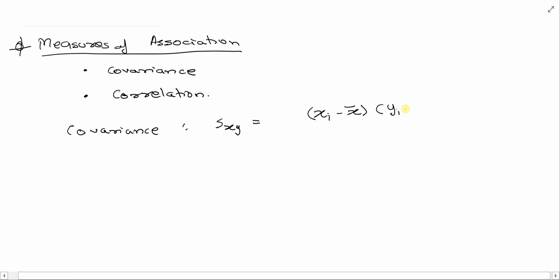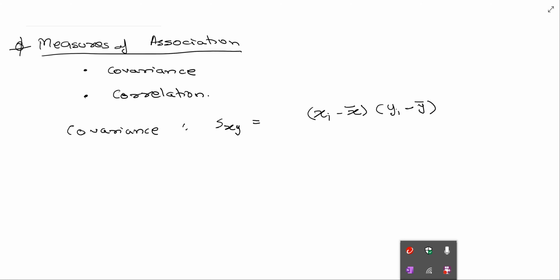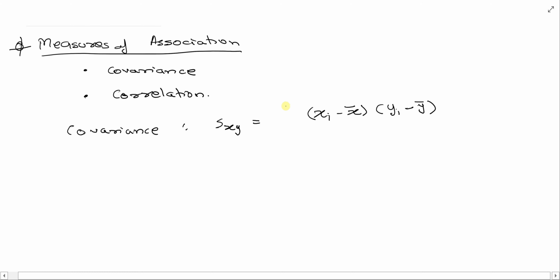See how far is each value of y away from its mean, and take the product of the two, because you would like to see the association between the two variables. So and then you would add across all the observations and then divide by n minus 1, basically for adjusting for degrees of freedom.